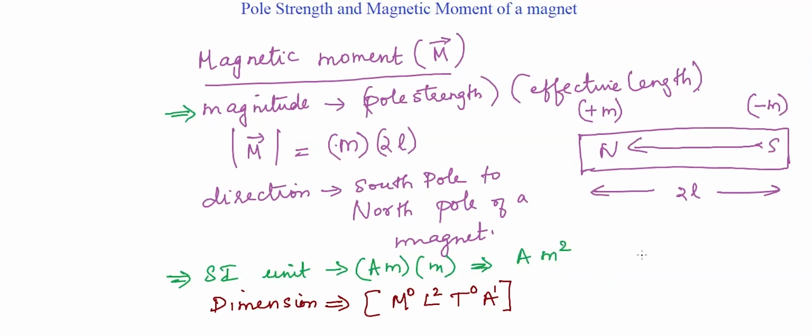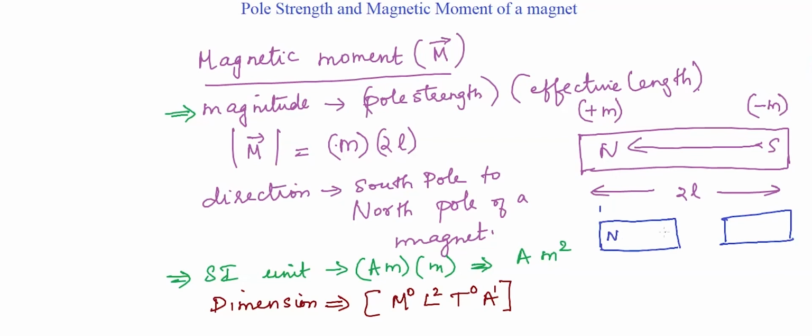Now let us see what will happen if you cut a magnet, like the cases which we discussed before. If we cut the magnet in a perpendicular direction, perpendicular to its length, the cross-sectional area remains same.